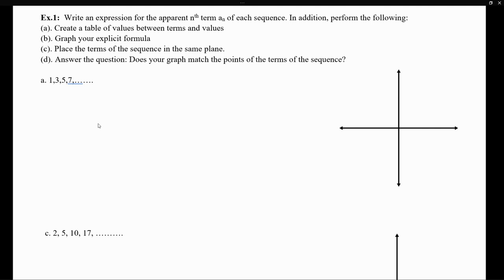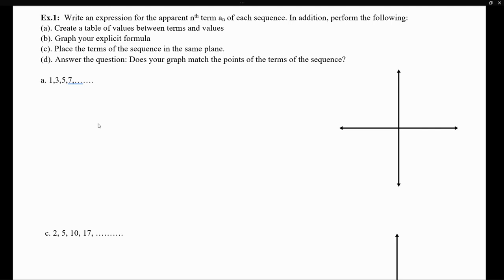Our objective is to write down expressions for the nth term. In addition, we want to create a table of values, and then we're going to use the table of values to graph the sequence explicitly. We're going to place the terms, and then at the end, we're going to see if our conclusion actually matches the sequence. So let's examine the behavior of this sequence.